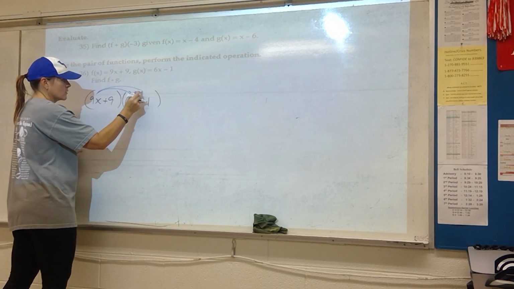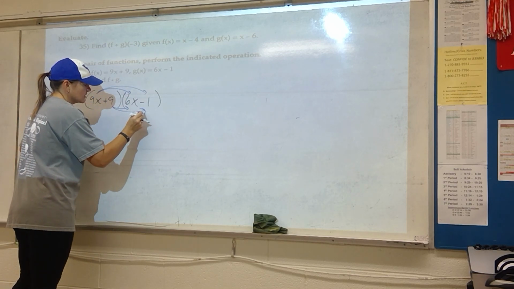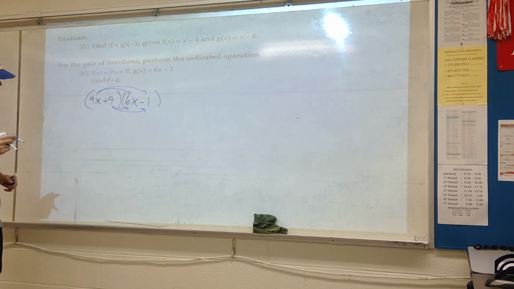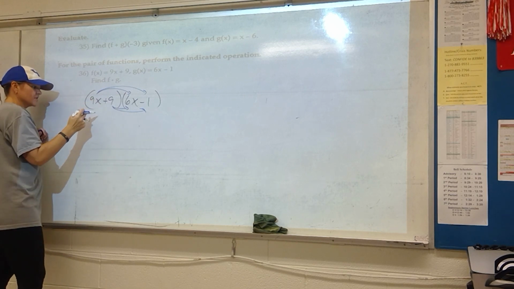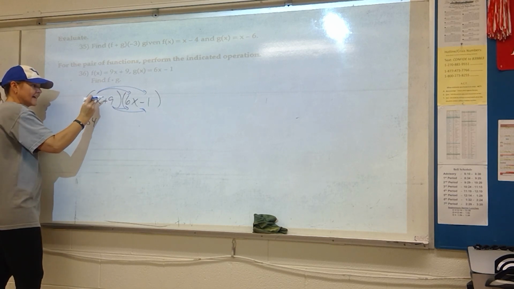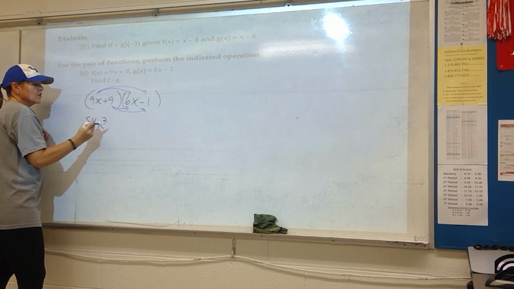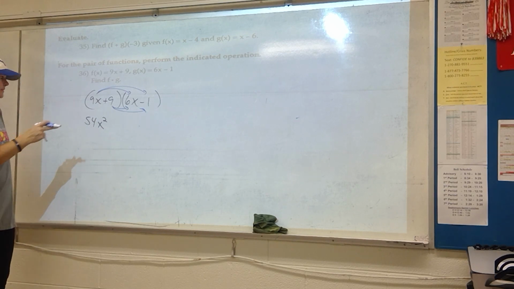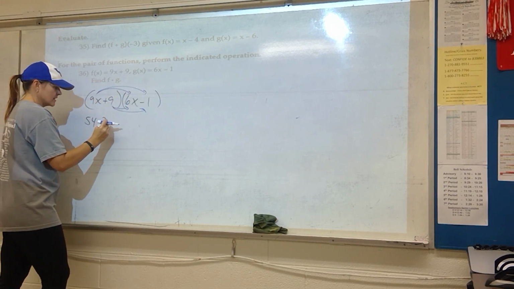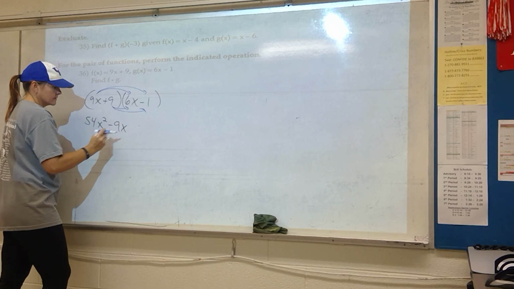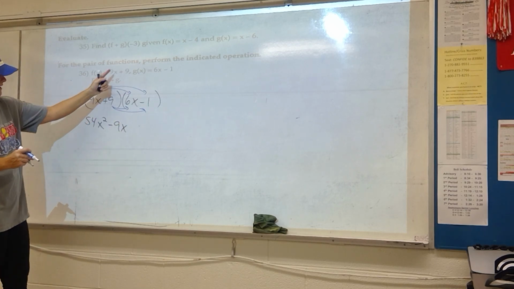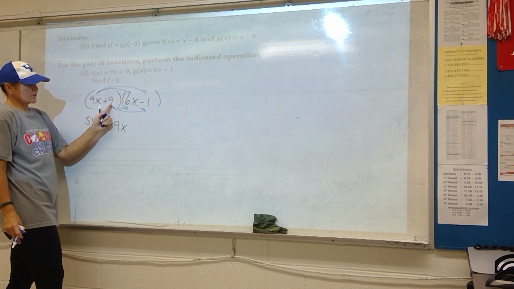Some people like to call that distribute twice. 9 times 6 is 54. X times x is x squared. Really take your time here, don't make little mistakes. 9x times -1 is -9x. It's your first times your first, your outer times your outer. Now you're going to do inner times inner.